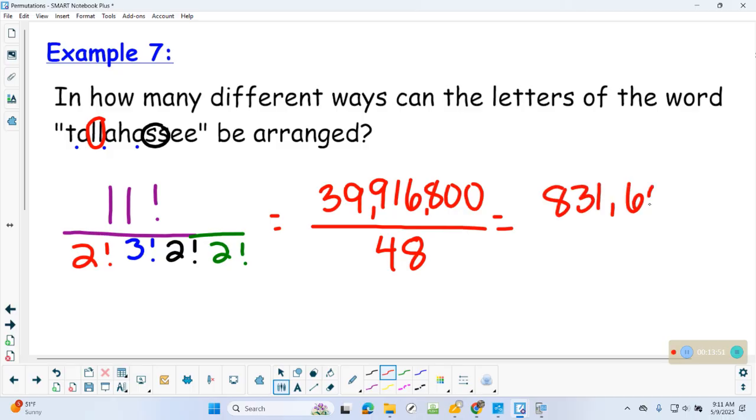There we go. Now think about that. That's how many different ways we can scramble up those letters in the word Tallahassee. How awful would that be if we had to write that out? That would be awful.